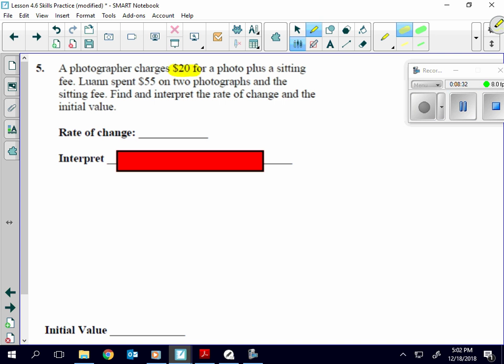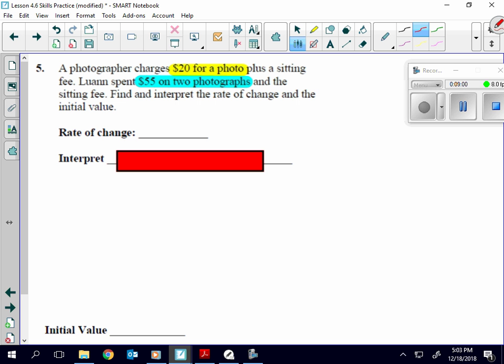We have $20 for a photo. We also have the information here, 55 on 2 photographs. That's number 2, right? So there are 2 numbers there. All right. So the rate of change, now it doesn't give us any keywords in this one, but see if you can figure out which one's the rate of change. Pause the video.